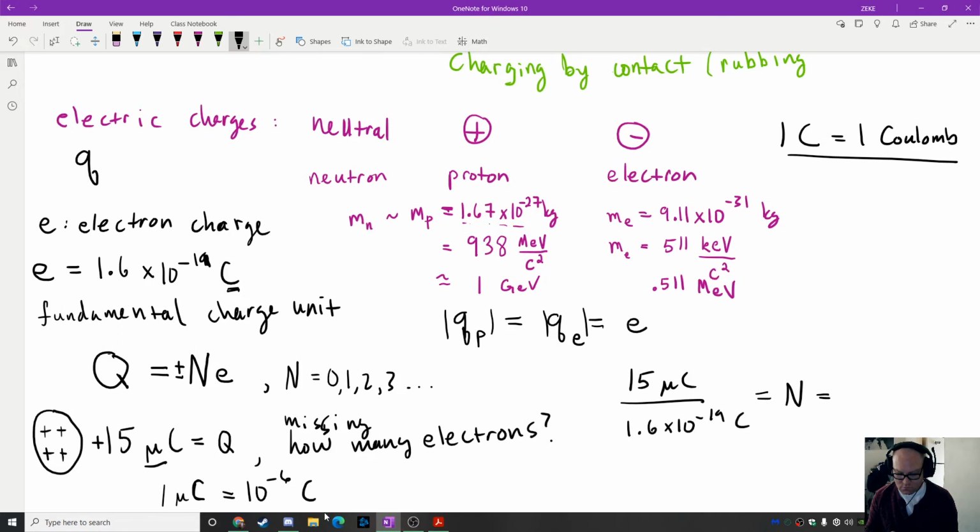That sounds about right. Yeah, I got the same thing. So it's about 9.4 times 10 to the 13. We'll just round to 2 sig figs. So 9.4 times 10 to the 13 electrons. So that's how many electrons have been rubbed off of this balloon, basically.